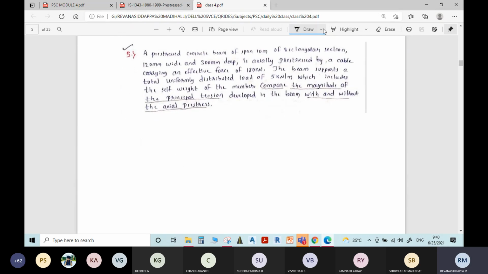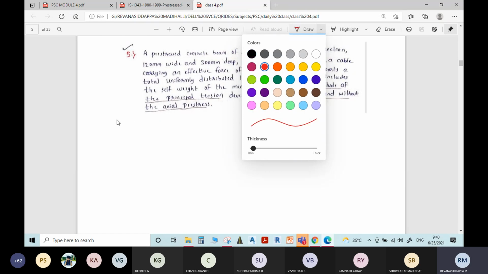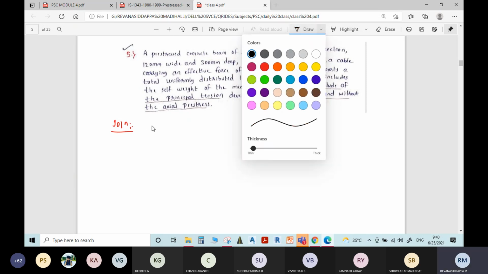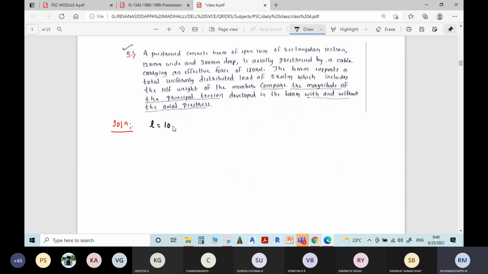Write the given data and solution. L is equal to 10 meter, nothing but 10,000 mm, and width is given. B is equal to 120 mm and D is equal to 300 mm.